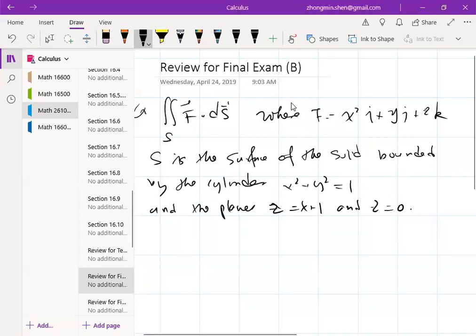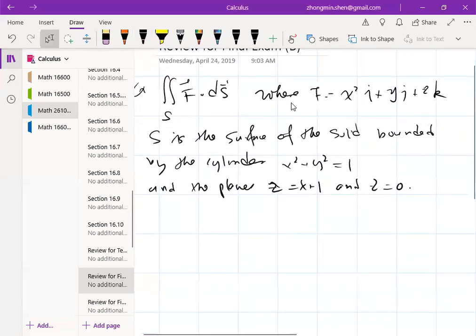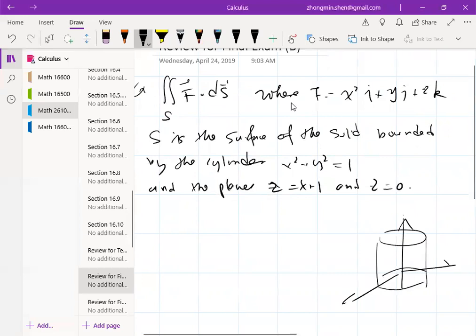All right, so step 1, if possible, you really should sketch the graph. Just a rough idea helps you to solve the problem. This is a cylinder, right? z equals 0 is the xy plane, and then z equals x plus 1.